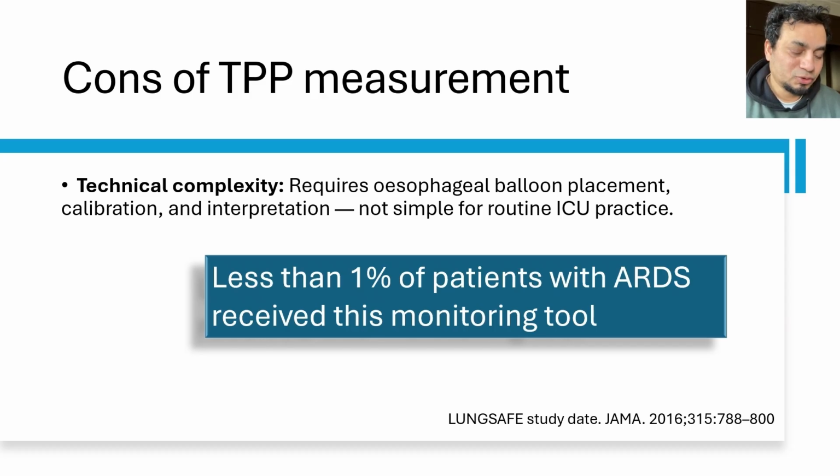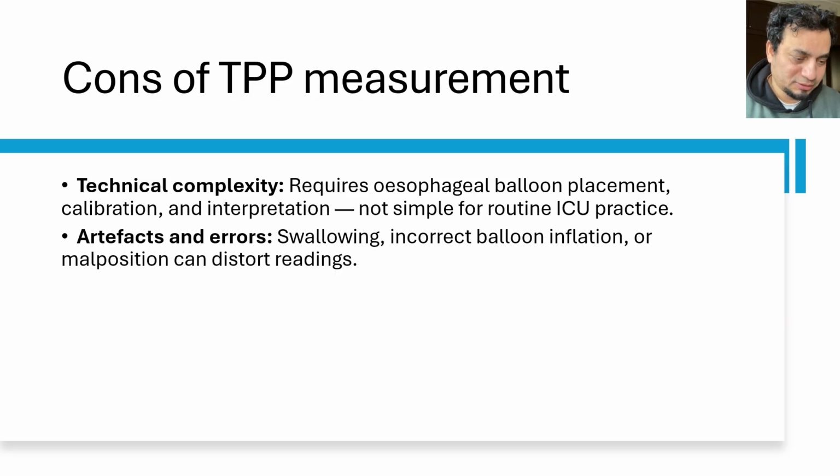This was a large observational study, by the way, and everybody should be aware and should go deeply through this article published in JAMA 2016. There are so many possible artifacts which can affect the readings, like swallowing, incorrect balloon inflation, and malposition, which can distort the readings of esophageal pressures and ultimately TPP.